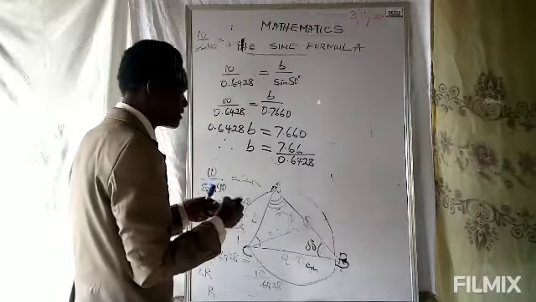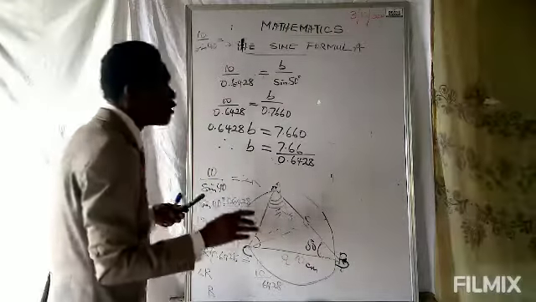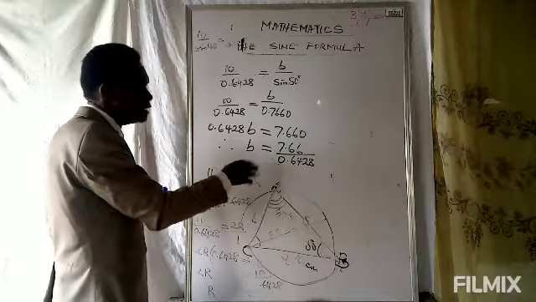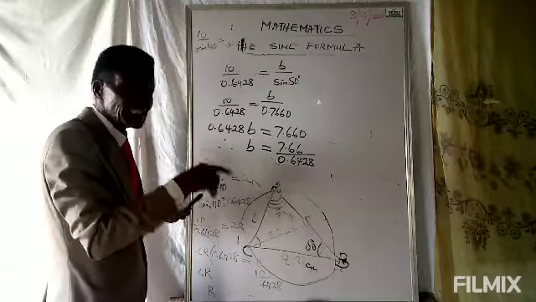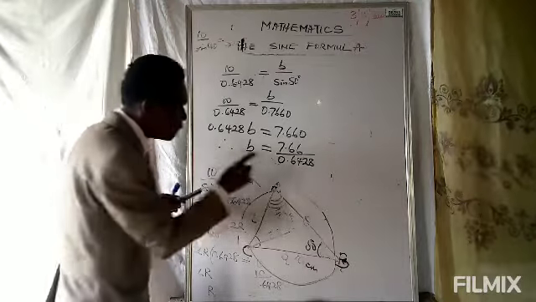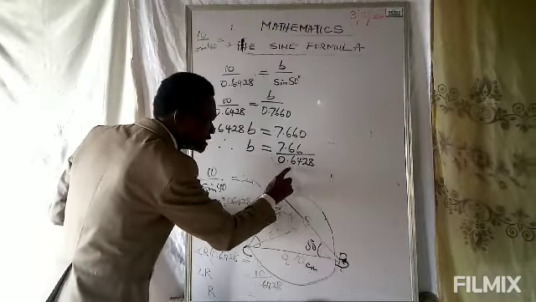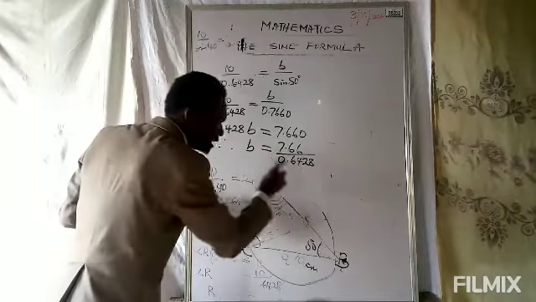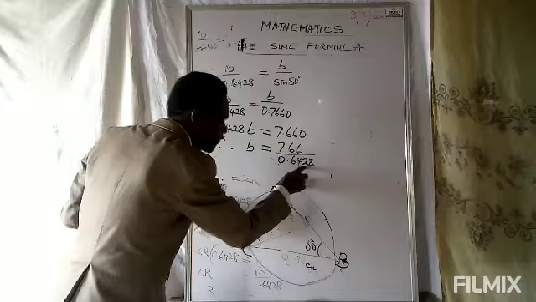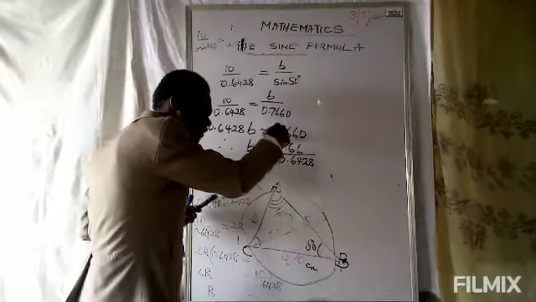Now there's a rule in mathematics. We say that if you want to make a division, make the divisor a whole number. So by making this one a whole number now, we have to move the decimal point 4 places from left to right. 1, 2, 3, 4. We also do the same thing with the numerator.